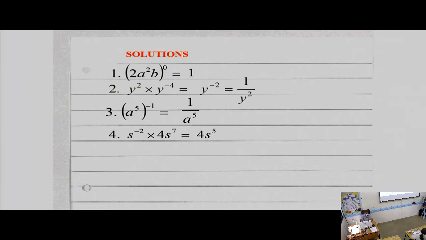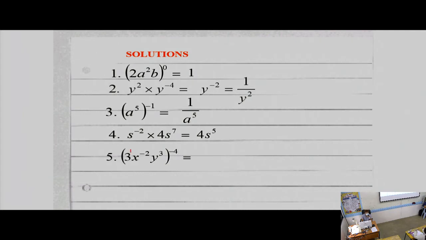Next, number 5. For number 5, we have the quantity of 3x to the power of negative 2, y to the power of negative 3. So again, remember, if you don't see any power of the given number, the exponent is always positive 1.